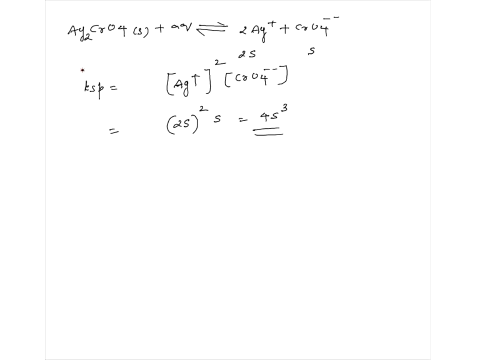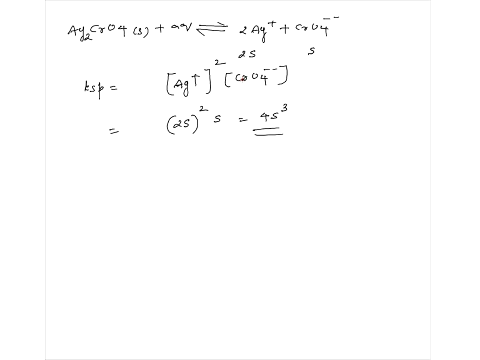Now the other extreme can be that you have very little of the right side. Maybe you got these ions from somewhere in very little amount. You got Ag plus ions from somewhere, you got CrO4 minus ions from somewhere, very little. And then you put them in some container. Now they are very small, such that this value is less than Ksp value.